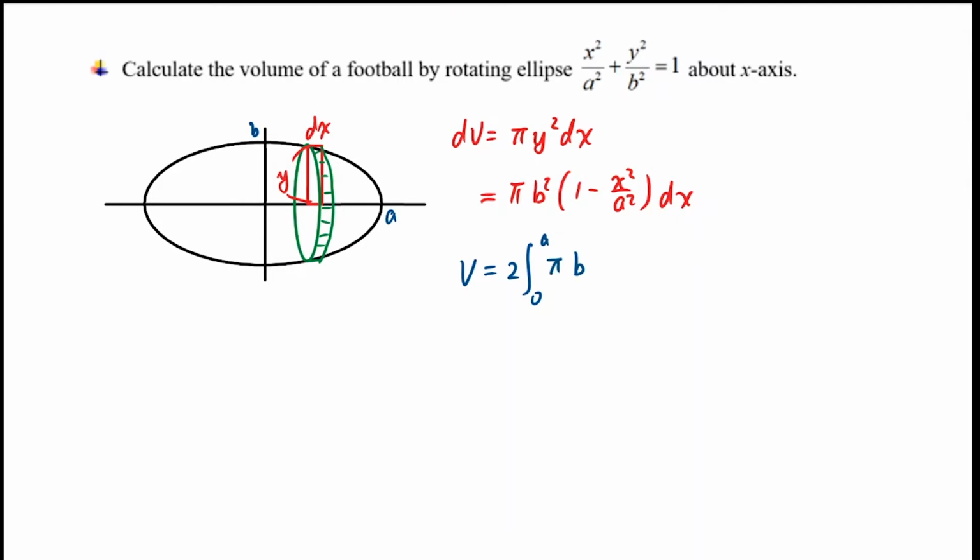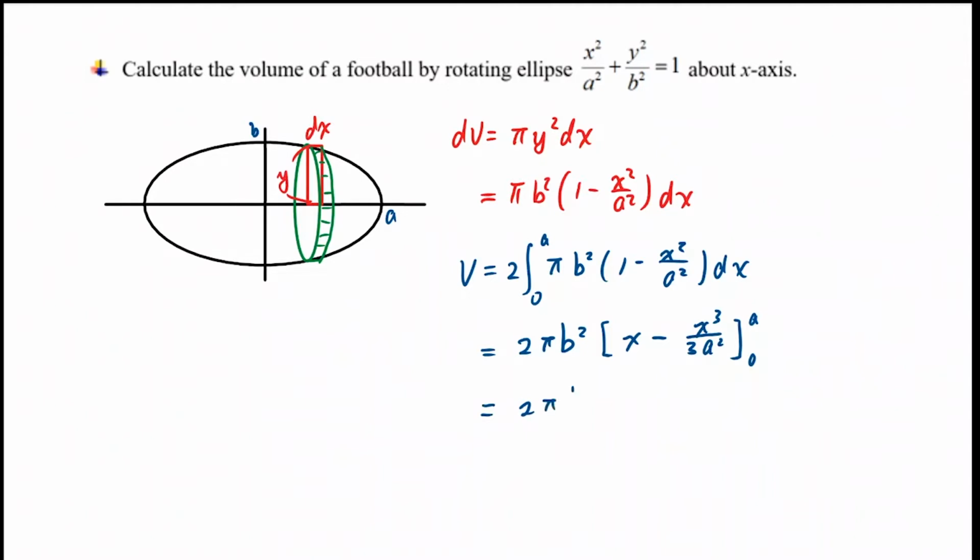And pi b squared then 1 minus x squared over a squared and then dx. So we integrate, taking all of the constants out, and this becomes x and this becomes x cubed, therefore 1/3, so I'll just stick 3 here. Good. Say yes.